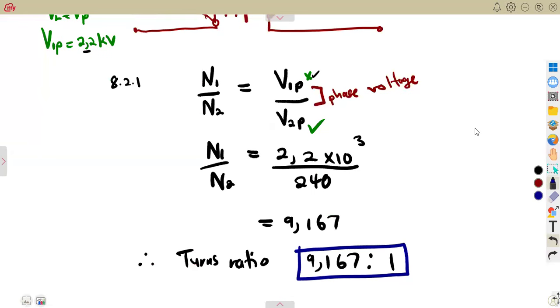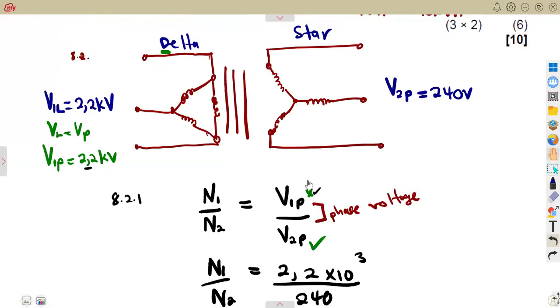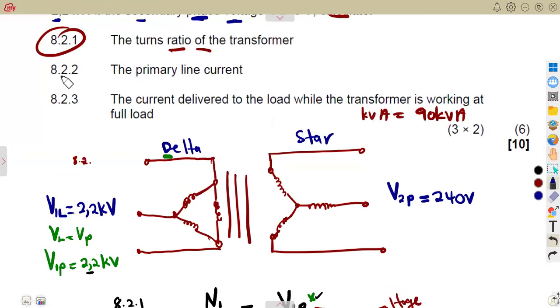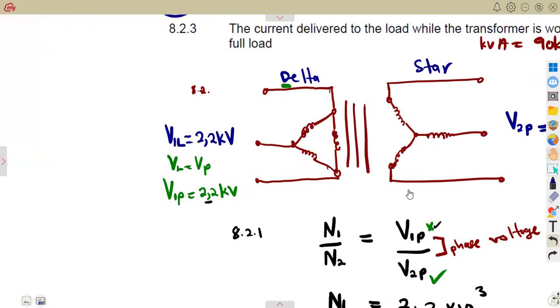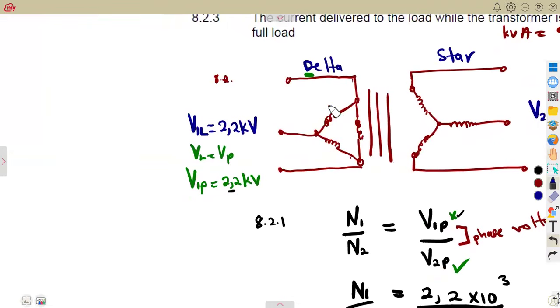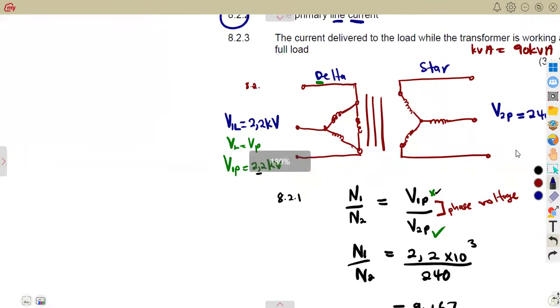All right. Let us consider 8.22, which is the primary line current. From the primary side, and on the primary side, it's a delta that we are working with. What can we use in common?